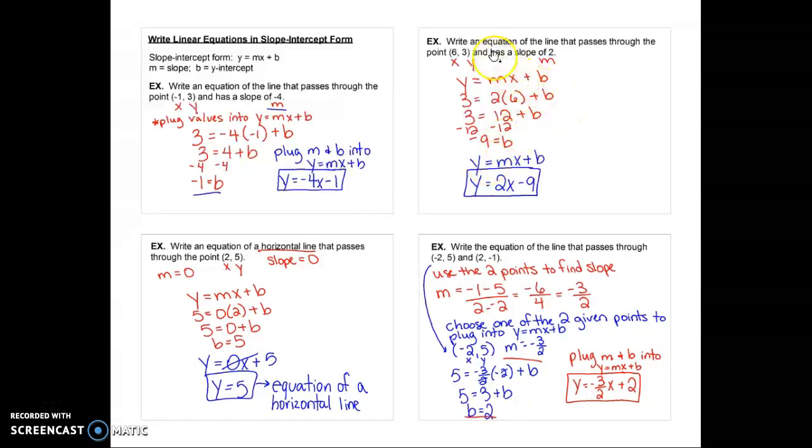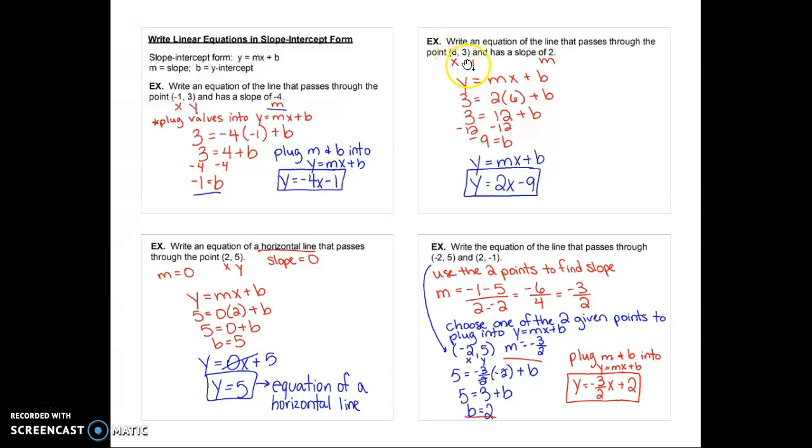Next example, same situation. We have: write an equation of the line that passes through the point (6, 3) and has a slope of 2. So again, I know a point that falls on my line, and I know that my slope is +2. I know part of the information I need to write my equation, which is my m, but I don't have my y-intercept. So I again need to plug in all of the information that I do have.